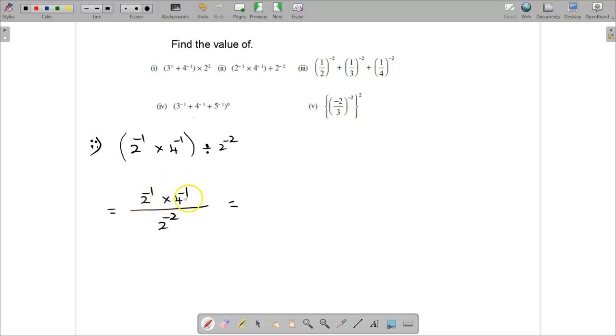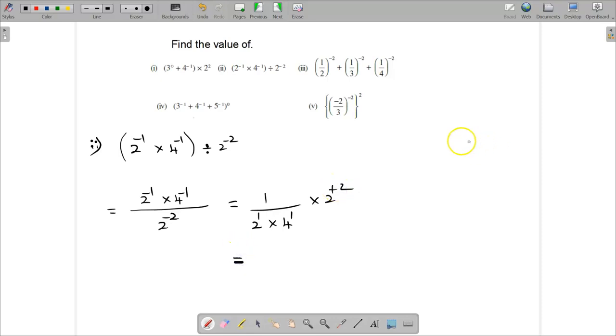Whatever we have in the numerator, just bring to the denominator. So 1 by 2 power minus 1 will become now plus 1 into 4 power minus 1 means 4 power 1. Similarly, the denominator term 2 power minus 2, when it goes to the numerator, becomes 2 power plus 2. So into 2 power plus 2. Like this we can rewrite the given terms.